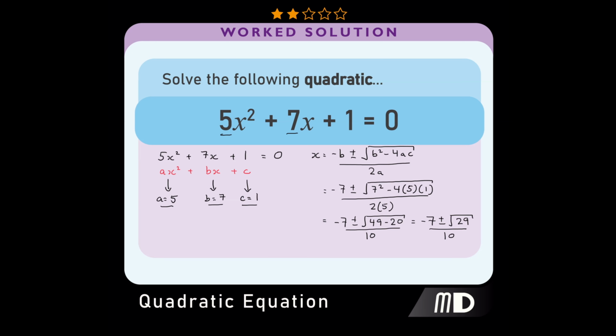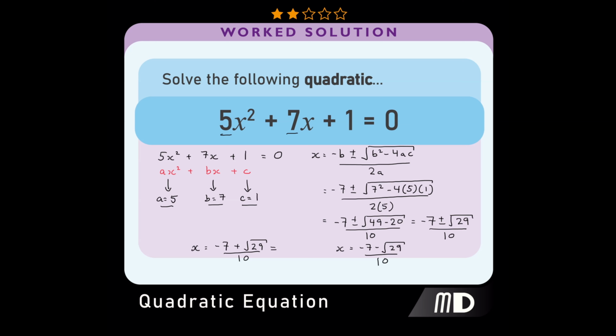To finish, we need to use our calculator to find both solutions. One where we add minus 7 and the square root of 29 before dividing by 10, and the second where we subtract minus 7 and the square root of 29 before dividing by 10.